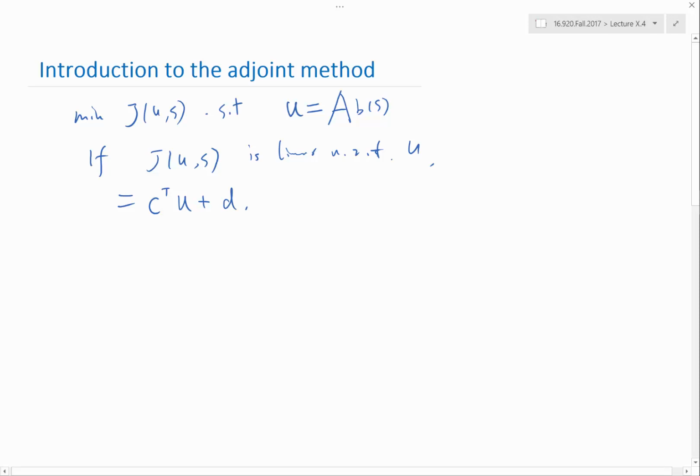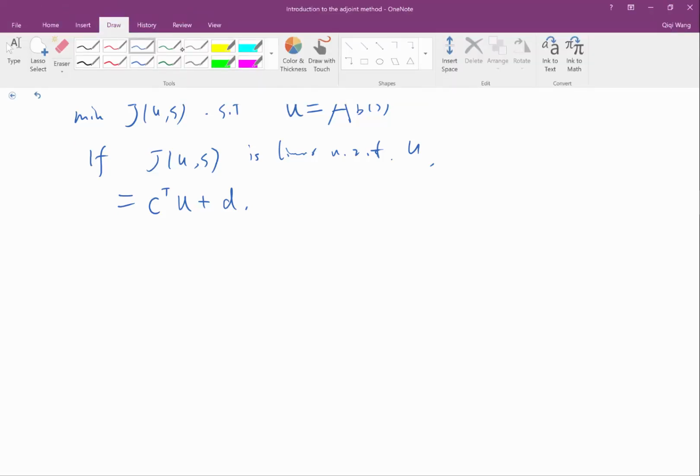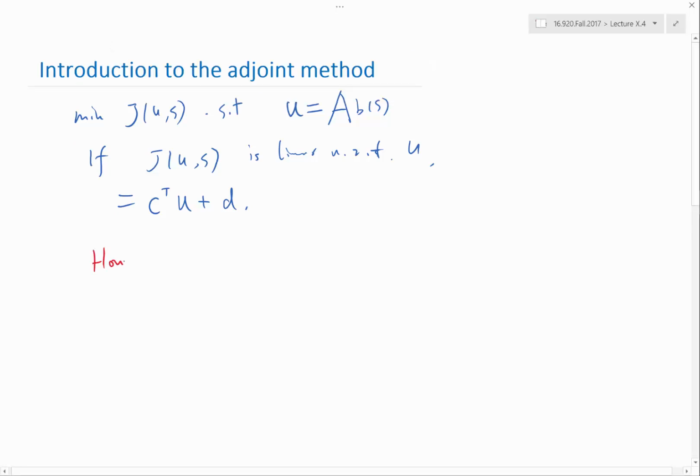All right, so it's a linear scalar function of u. Can I solve this problem without ever computing the solution u? So the challenge is, how do I solve this optimization without computing u? Anybody?